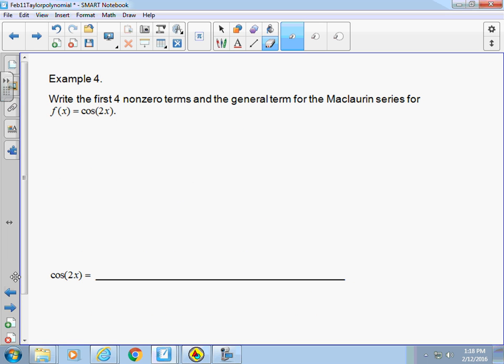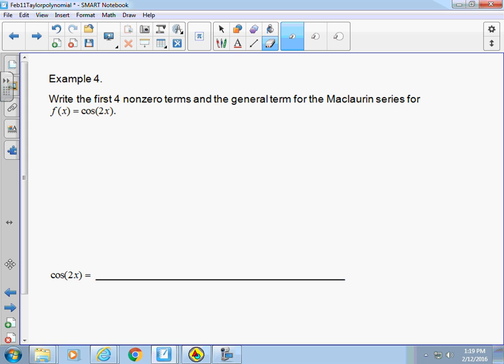Okay, so write the first four non-zero terms and the general term for the Maclaurin series of cosine of 2x. I have two options, but this time I'm going to go with the second option: using the formula that I will someday have memorized and putting in the 2x. However, could you do it without that?